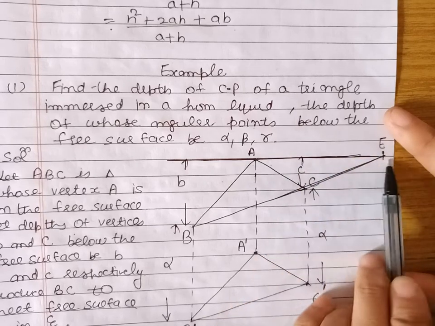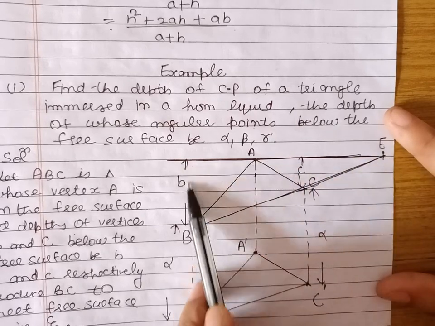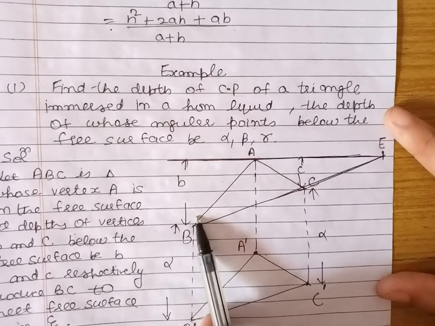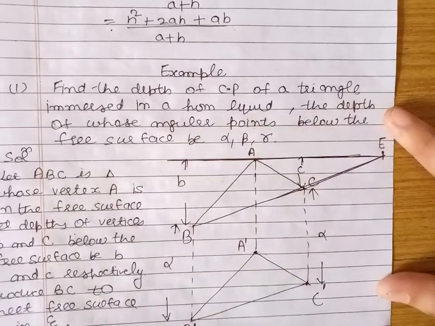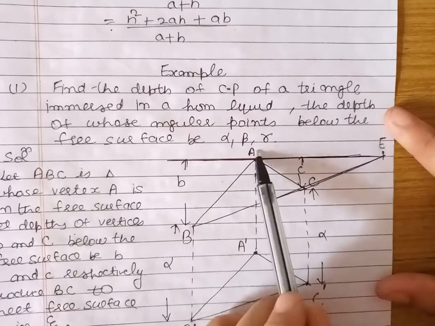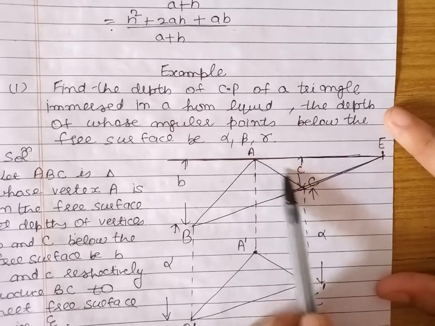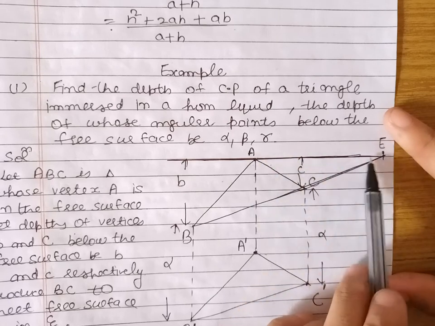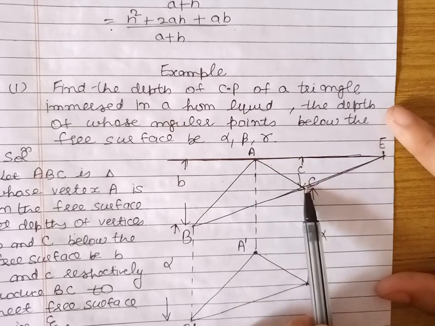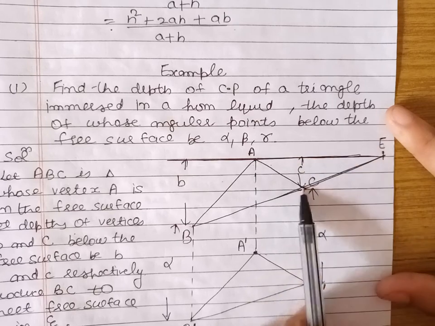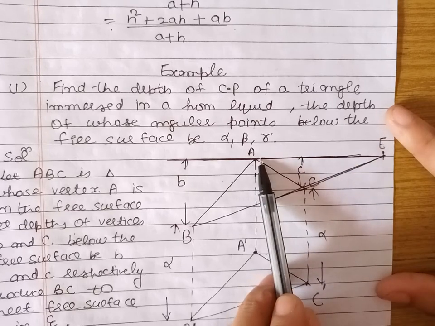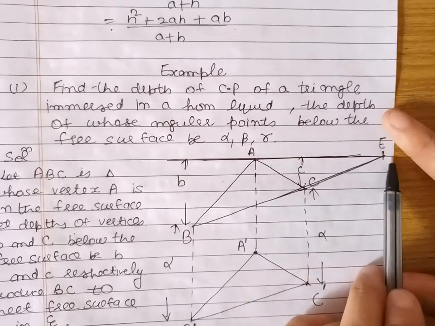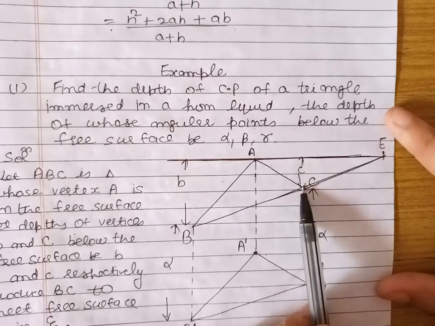Base of this triangle is AE and height of the triangle is B. And if we find the thrust on triangle ACE, that will be rho into g into the depth of center of gravity, which is 0 plus C upon 3, and the area of this triangle will be half into the base AE into the height C.